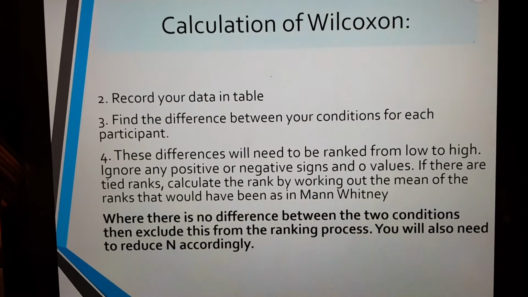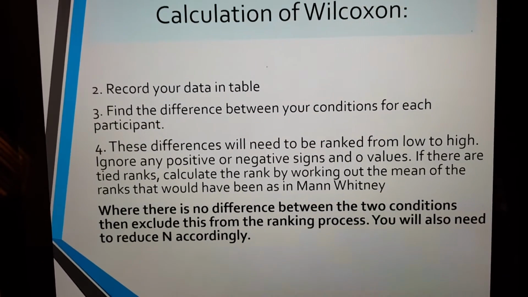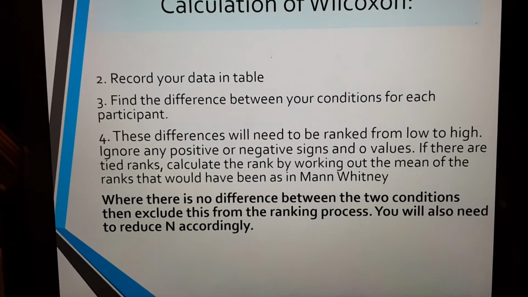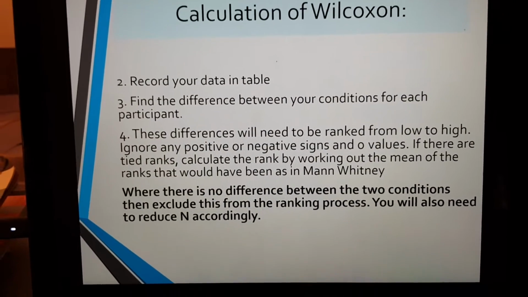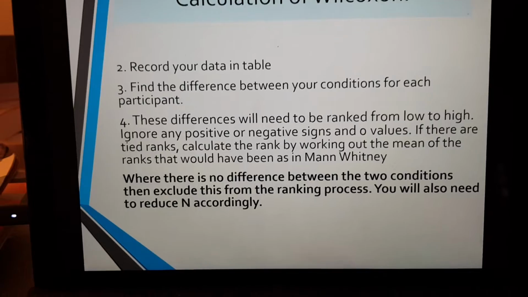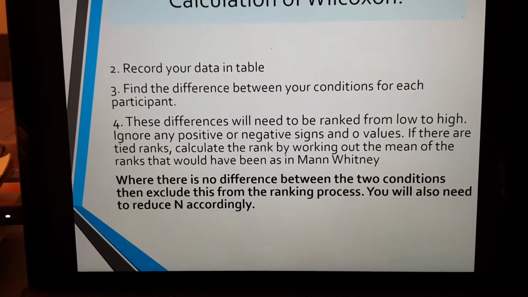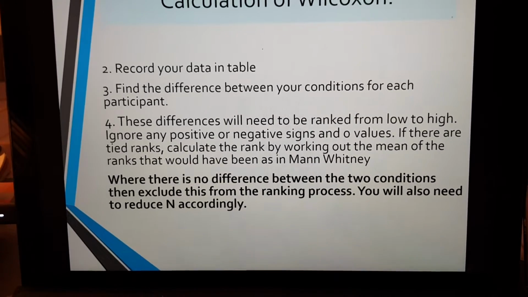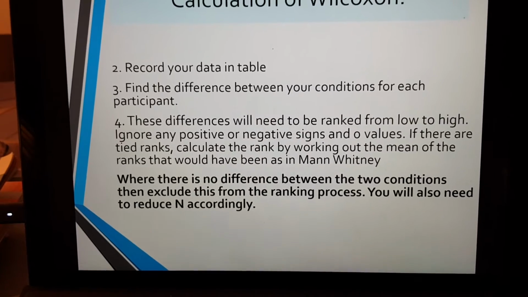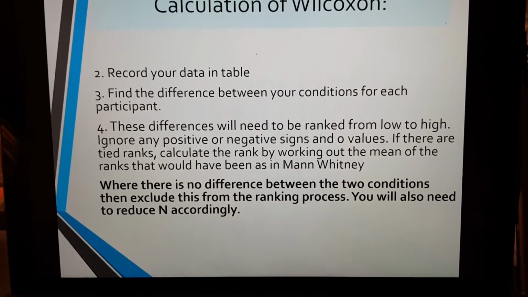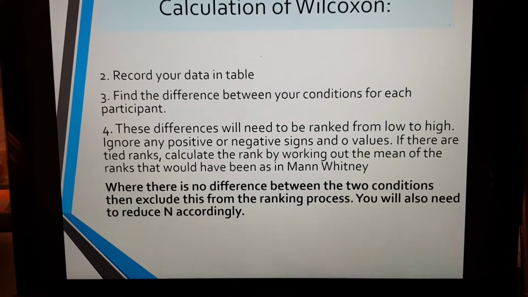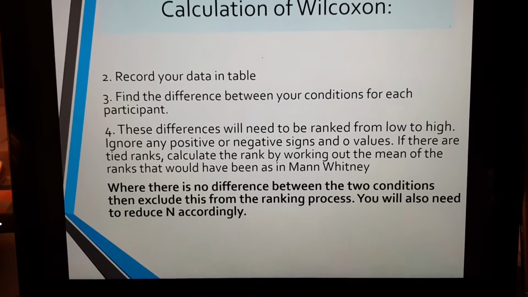Just going back to the instructions. Point 3 is asking you to find a difference between each condition. So that's the difference column. And then once you've done that, you're going to rank the differences from low to high. But there are some rules here in that you don't really treat minuses and pluses differently.